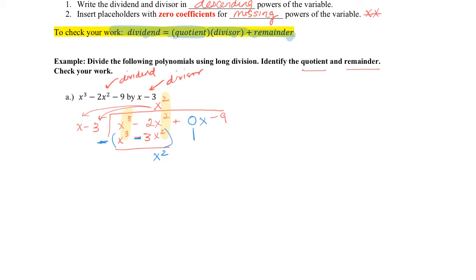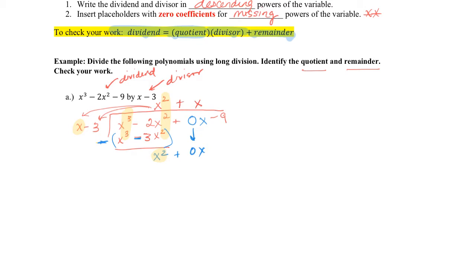Then I bring down my next term, which is 0x. Now I want to know, what do I multiply x by to get x squared? Well, the answer is x. Notice this is going to be stacked in my x column, the x to the first degree column.